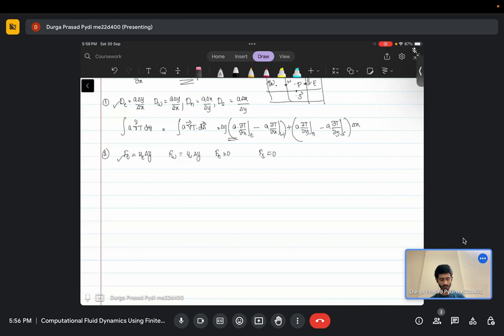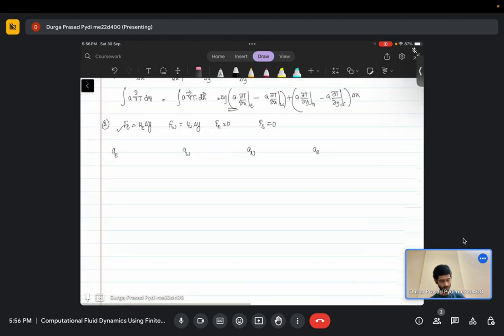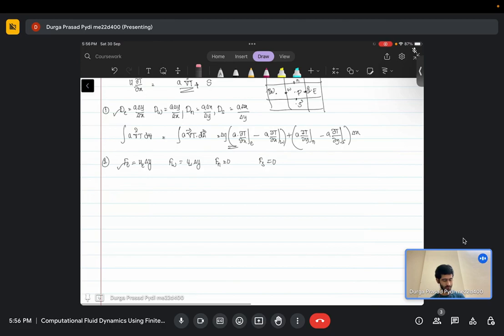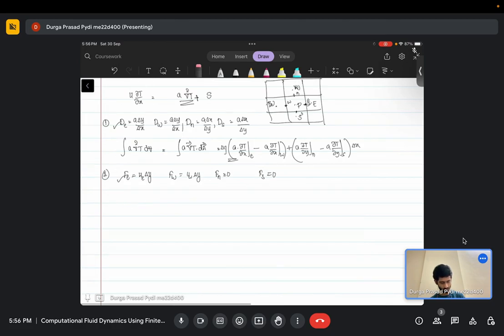Now I have all the diffusion coefficients and the convective coefficients. So the next step is to write our A east, A west, A north and A south. To write this we need to fix on the scheme we will be using. Before writing this, if you try to write our original equation, it will be something like phi east, u east, in this particular case it is temperature, minus phi west, T west, phi north, T north, minus phi south, T south.